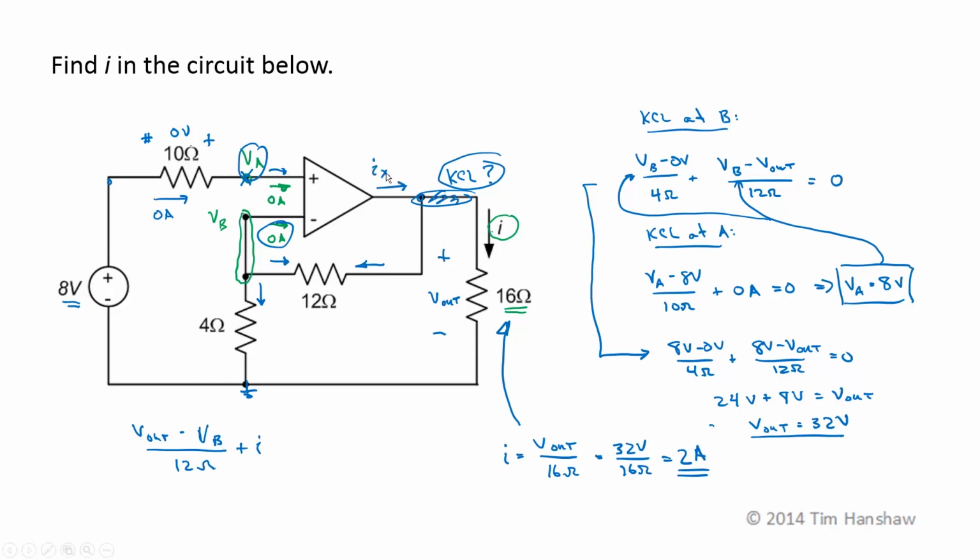Remember that we don't know anything about the current out of an op-amp. So this gives us another equation, but it also introduces another unknown, so it doesn't get you anywhere. KCL at the output of an operational amplifier is generally not a useful thing to do unless you're actually finding the current that the op-amp is delivering.